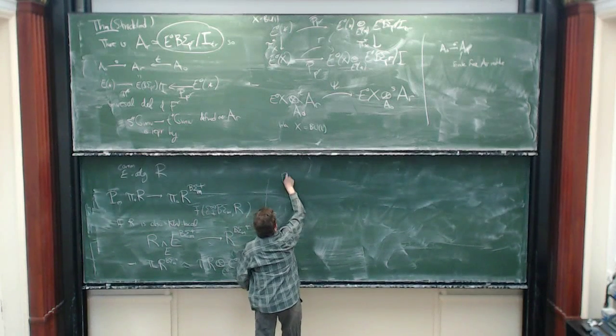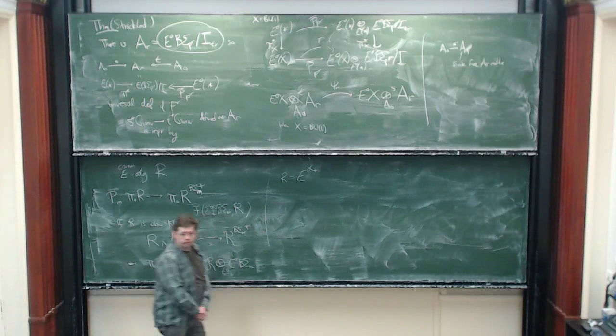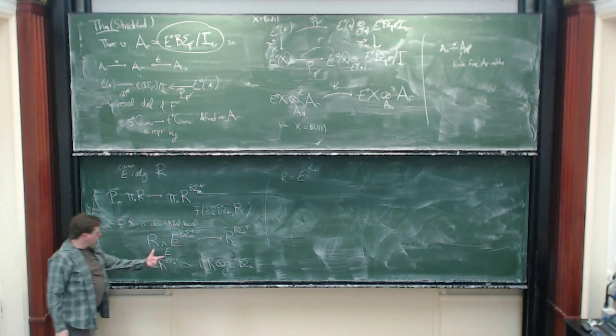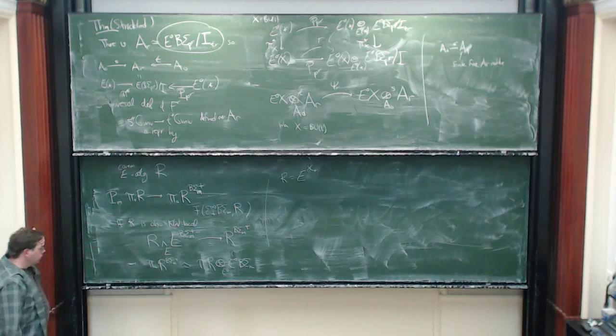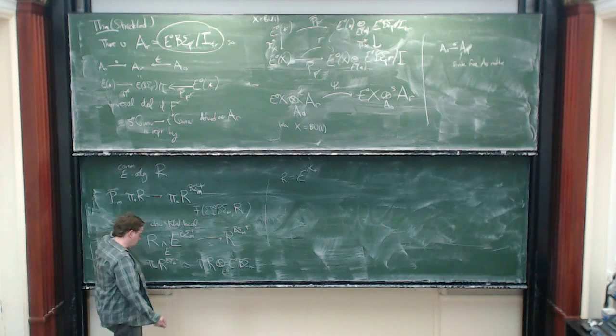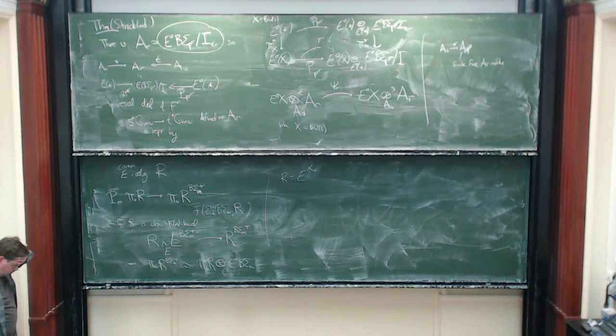What I was doing was the case where R was itself just the cochains on some space. Let's see, what's an example? Yeah, R could be rational. That's a good example.